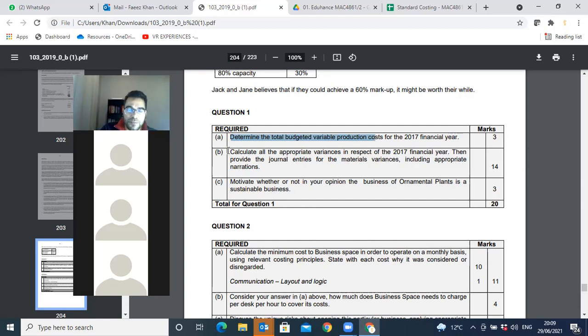So here you can see, calculate all the appropriate variances in respect of the 2017 financial year. They're not telling you which variances they want. They're saying, give me all the appropriate variances. Some people will sit there forever if they don't pick up the costing system, the base of allocation. If they give you the variable costing system, then you can't have a volume variance for fixed manufacturing overheads.